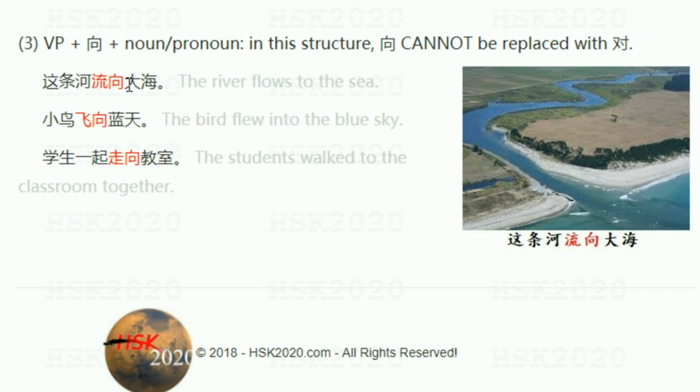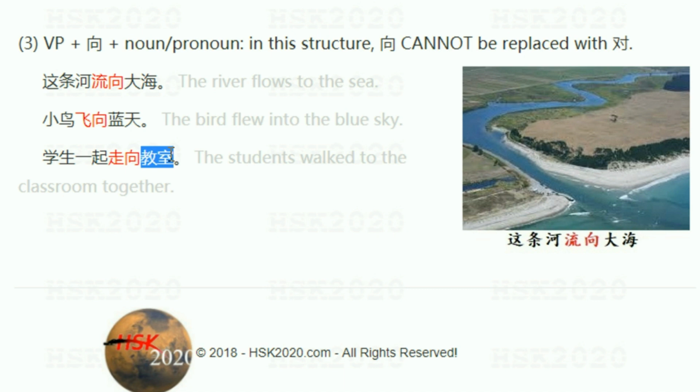Verb plus 向, 流向. 小鸟飞向蓝天. The bird flew into the blue sky. So 飞向, verb plus 向. Last one. 学生一起走向教室. The students walked to the classroom together.